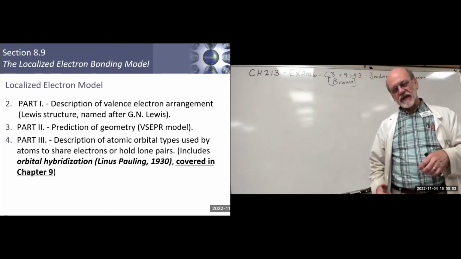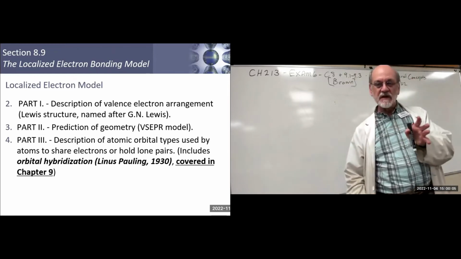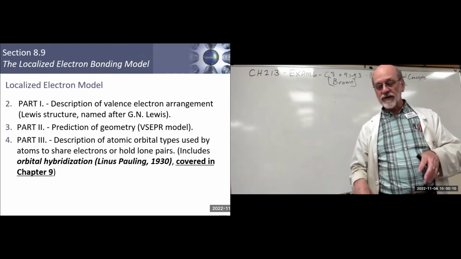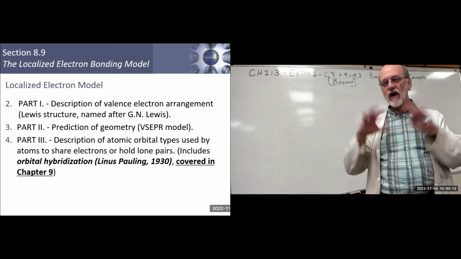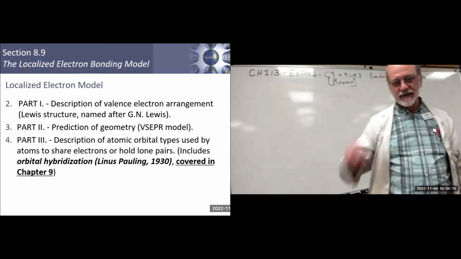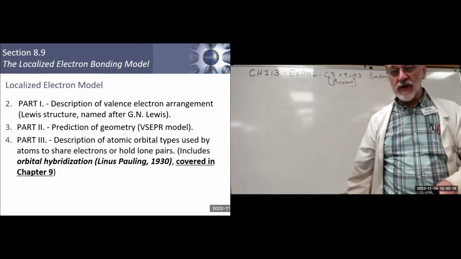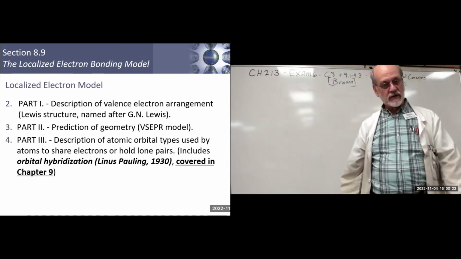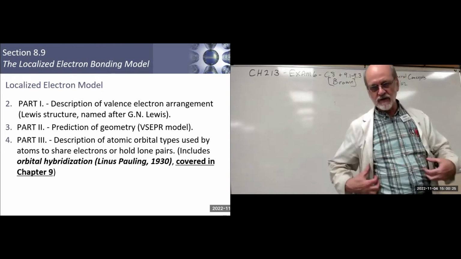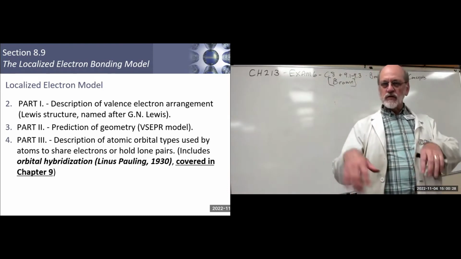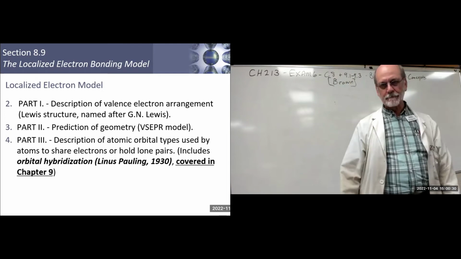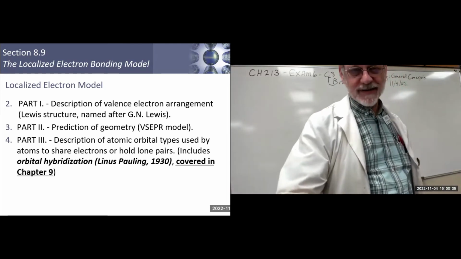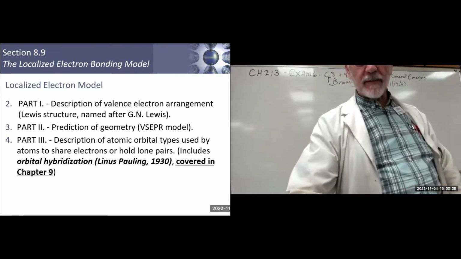We say, all right, it works for many cases, but the new theory, molecular orbital theory, works best for all cases. It's just a little more tedious to work with. And if you're not a chemistry major, we're not going to dig too deep into it because I'm not a chemistry major. So I can give you a reader's guide, condensed version. Okay, so we're going to do part 1 and 2 now.